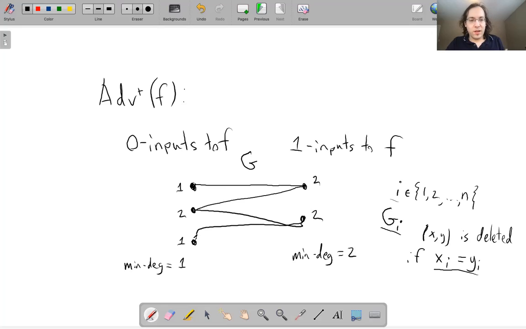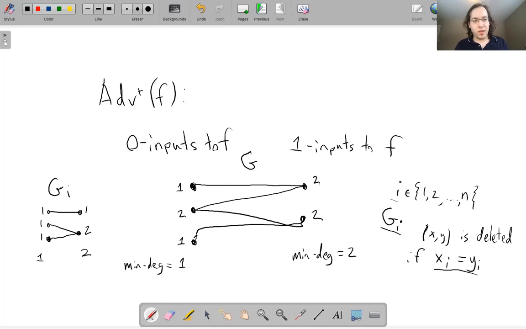Okay, so let's say we put G_i over here, and G_i has fewer edges. Like maybe it looks like this. It has fewer edges, and we look at the maximum left degree. And here all the left degrees are 1, and the maximum right degree here is 2. So we have 1 for the max degree here and 2 for the max degree here.